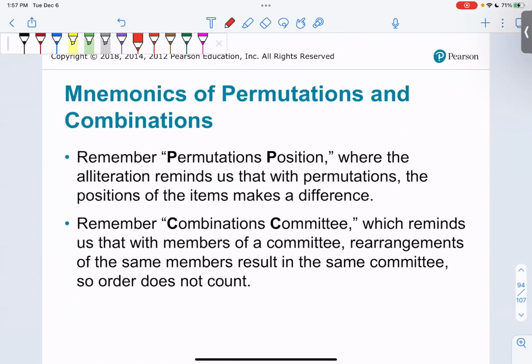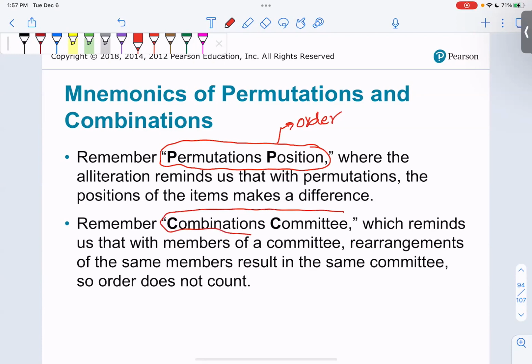To remember, permutation is about position, so the position is important, which means the order. And combination is like a committee of 2 or 3, so the order does not matter. Here, no order.